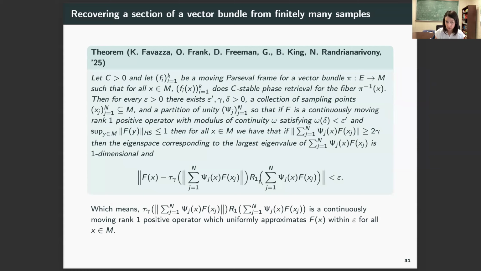The eigenspace corresponding to the largest eigenvalue of this is one-dimensional. And in order to approximate f of x, this will do the job: I look at the norm of this rank 1 operator, multiplied by the partition of unity. So it gives a good approximation.